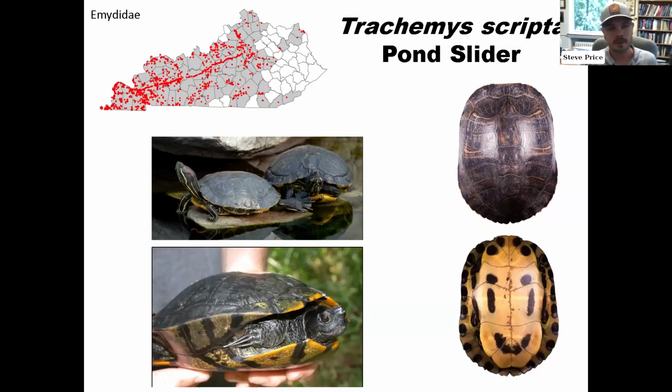Oftentimes people see them moving around in the summer months, and those are generally females leaving wetlands to nest on land. Their carapace isn't really anything spectacular, but it often has kind of rays of yellow in it, and its plastron can range from being heavily marked to lacking any markings, but they oftentimes have these kind of donut-shaped markings along the bottom of the carapace or the top shell.